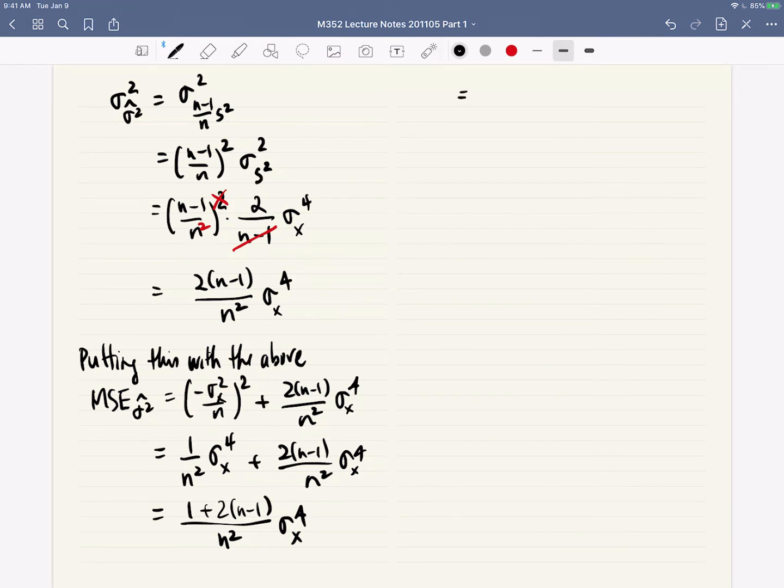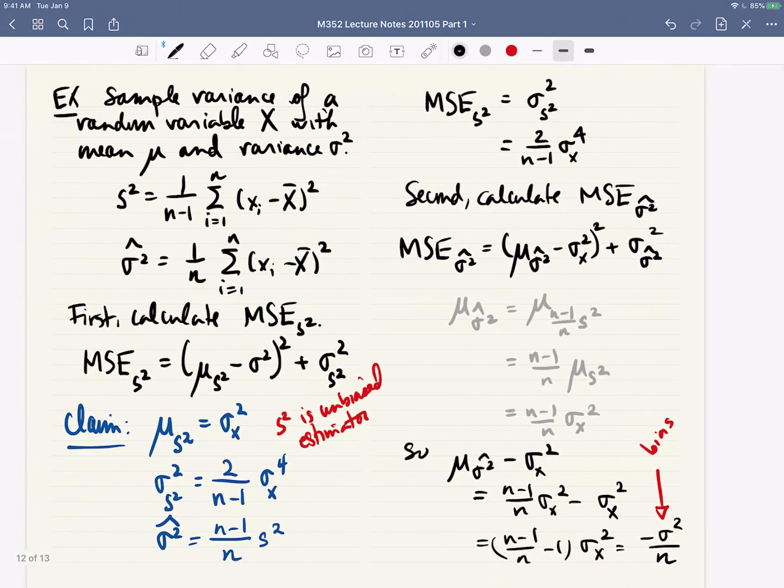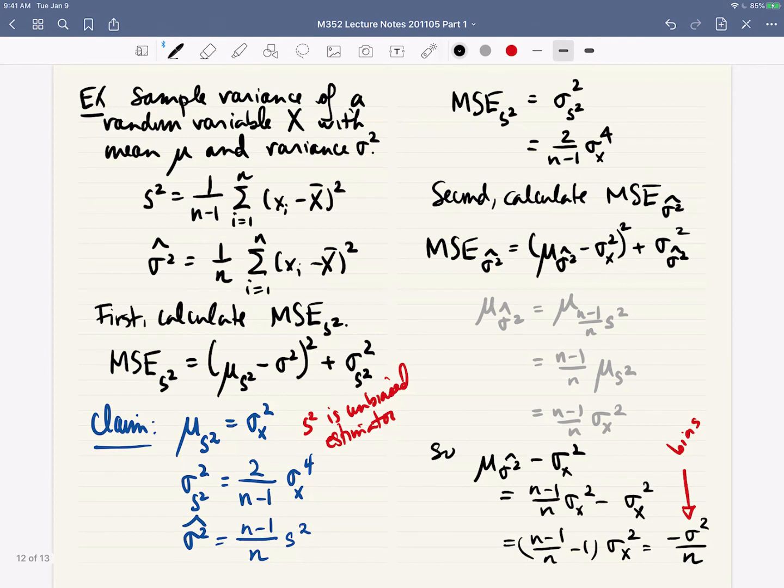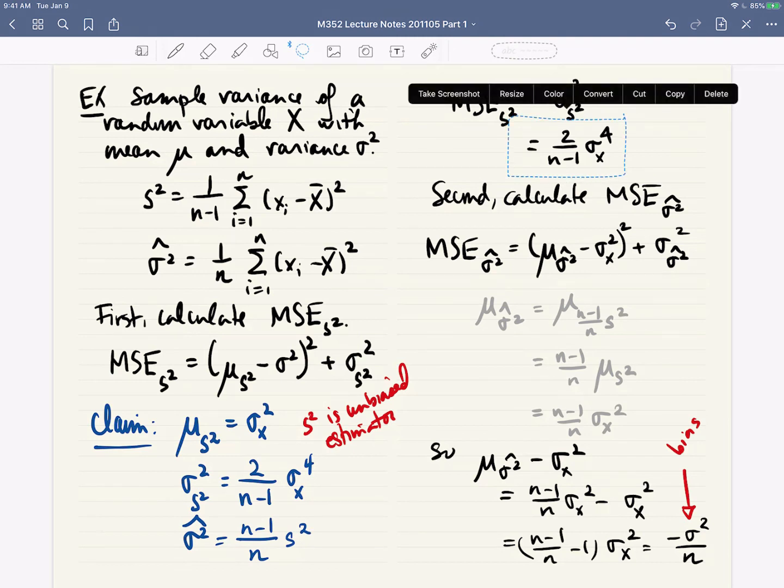So we get 2n minus 1 over n squared times our variance to the 4th power. That's the mean squared error for this other estimator. Let's go back here. That was our mean squared error for, yeah, it was right here. This is our mean squared error.